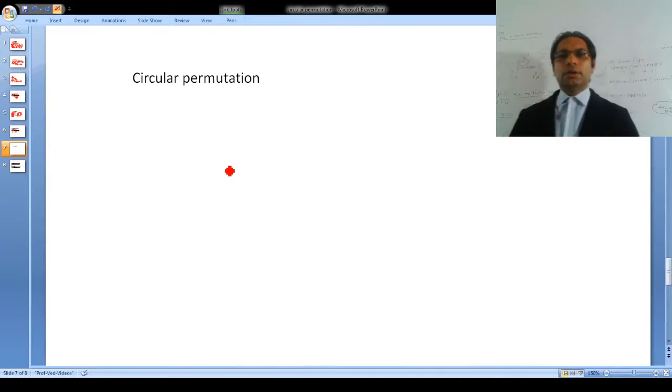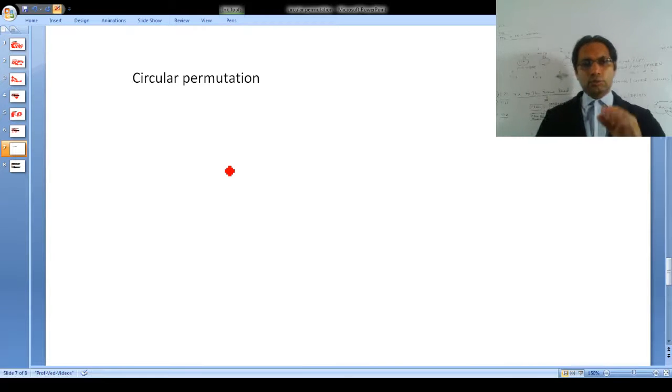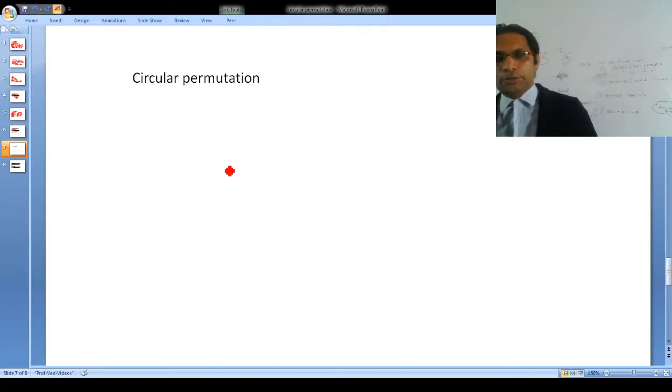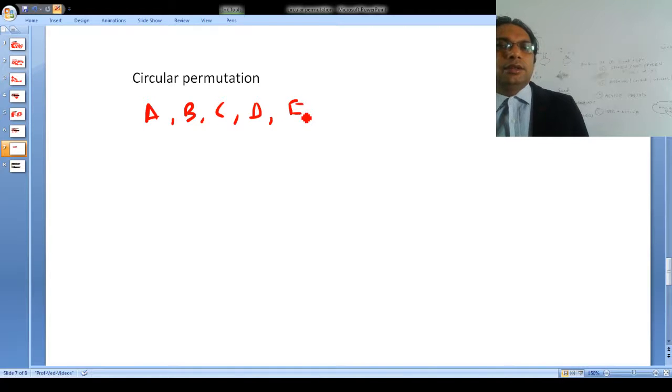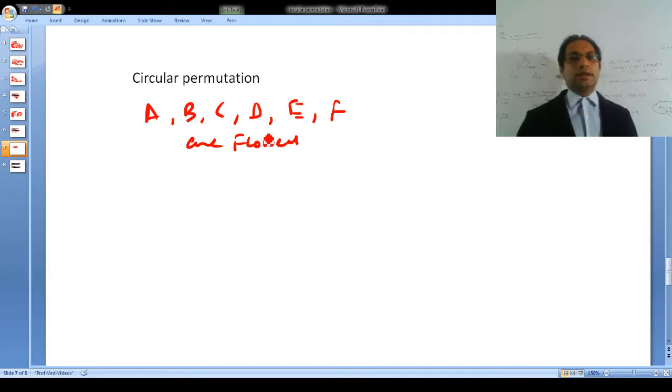I want you to remember just one more thing about circular permutation. Let's say that A, B, C, D, E and F are flowers, and we are making a necklace.